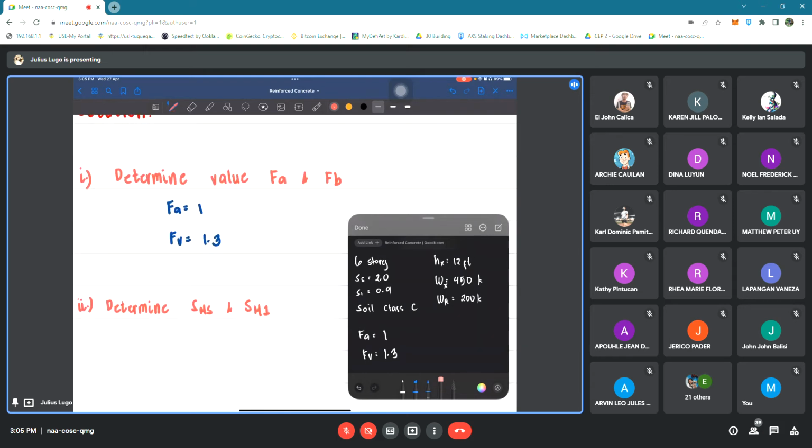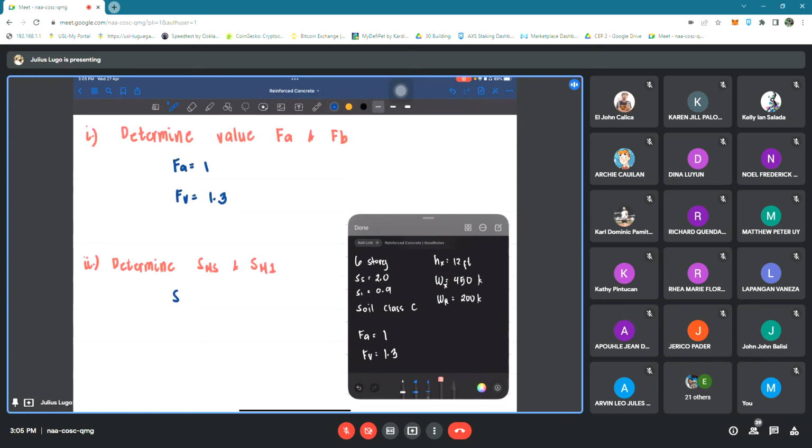Going back to your photocopies, you have the formula for your SMS and SM1, guys. The value for your SMS is given by this equation, which is equal to FA multiplied by your SS, and then SM1 naman is equal to FB multiplied by S1.